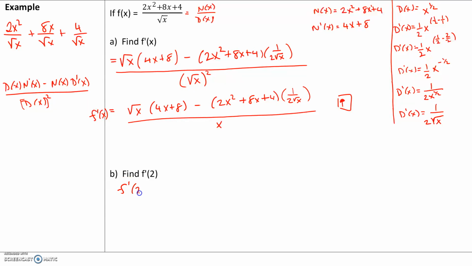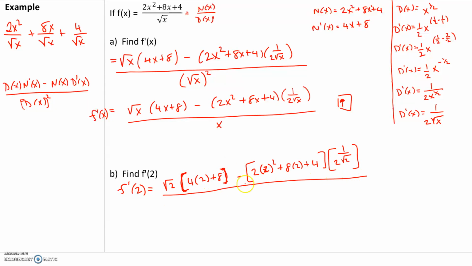So we're going to have radical x, which is radical 2, times, put a bracket here, 4 times x, which is 2, plus 8, and that's going to complete the bracket, minus 2 times x squared, which is 2, plus 8 times 2, plus 4, and then that's going to be times 1 over 2 times the square root of 2. And all of this is going to be over x, which once again is going to be 2.